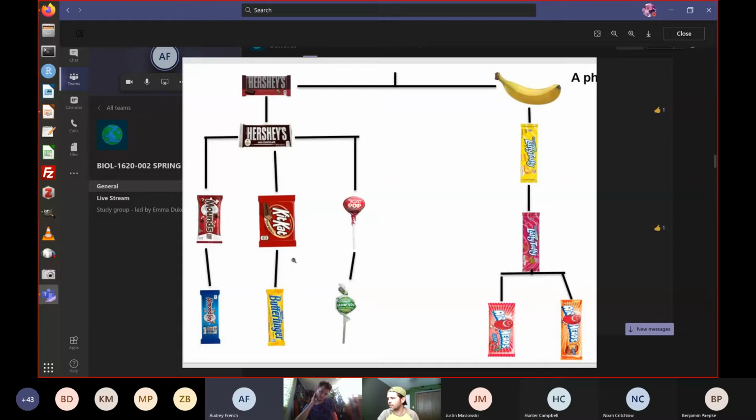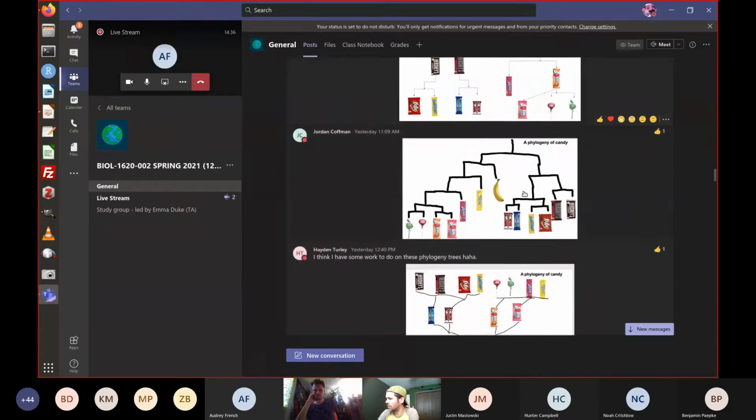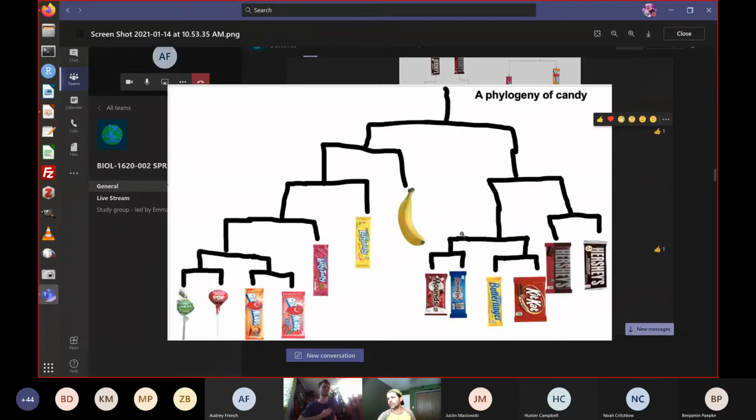Like the in-between stuff. So what this is showing is that there was some common ancestor of these two major groups. It looks kind of like maybe a chocolate group, except for the Blow Pop, and then a fruit group over here. But then it's kind of just picking up the dark chocolate Hershey's along the way. Okay. As opposed to, let's find, yeah, like this.